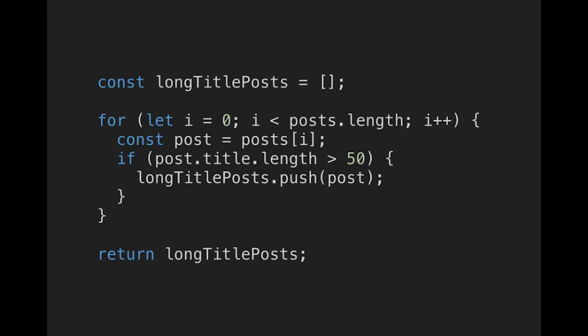So we are building a very typical Angular application, and we want to fetch some data from the backend, some list, and display it. So let's say we are fetching a list of blog posts. And there is one more requirement. We only want to show posts with titles that are longer than 50 characters.